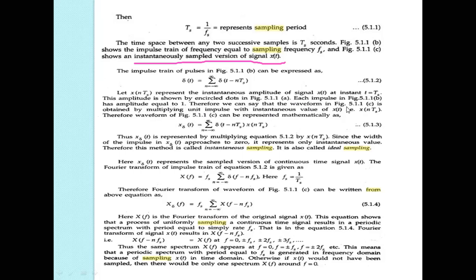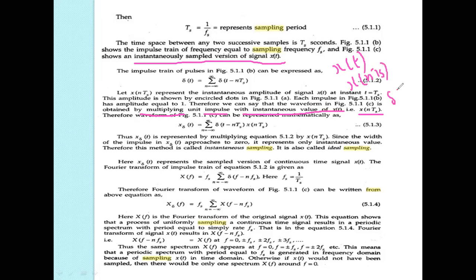Therefore, we can say that the waveform shown in C is obtained by multiplying the unit impulse with the instantaneous values of x of t, that is, x of n Ts. Why am I taking x of t? Now it becomes x of n Ts.